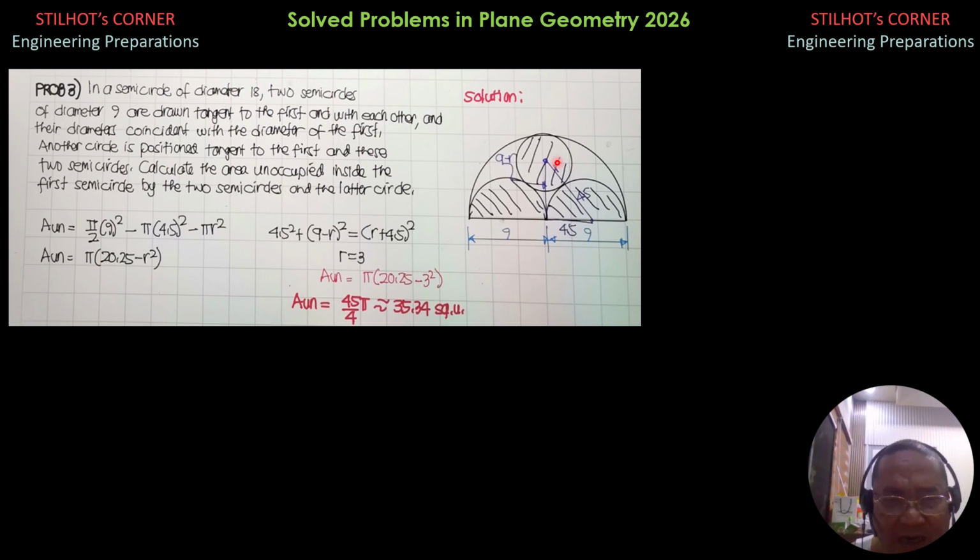To solve for r, look at this right triangle by Pythagoras theorem. 4.5 square plus quantity 9 minus r square. This is 9, then radius r. So 9 minus r, this leg, then equals hypotenuse r plus 4.5 quantity square. Solving for r is 3. Substitute here. So the area is 45 pi over 4 or 35.34 square units.